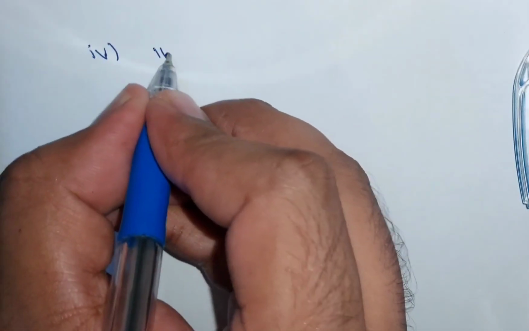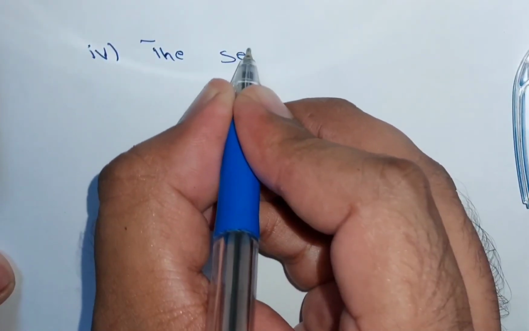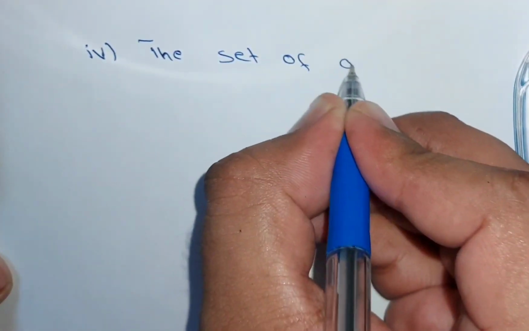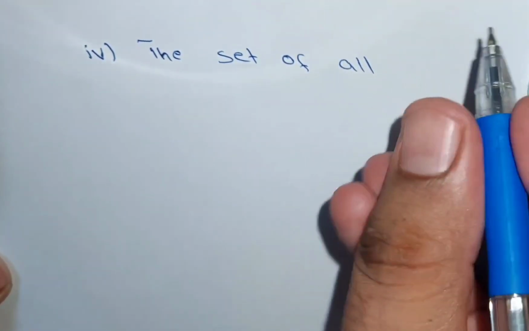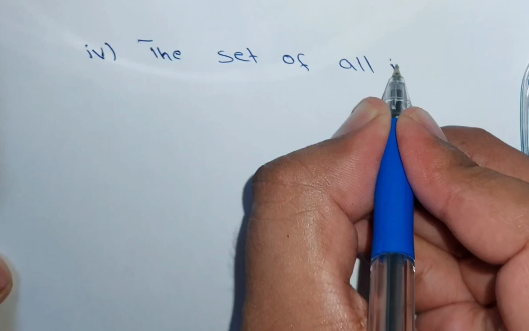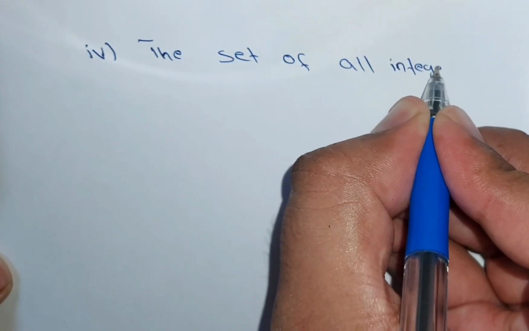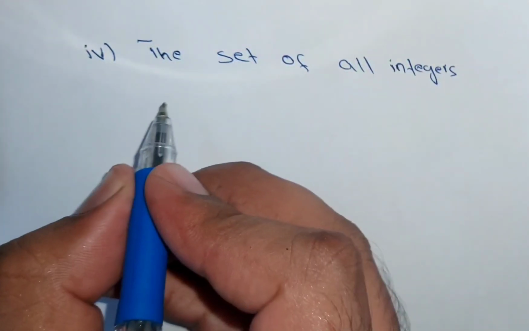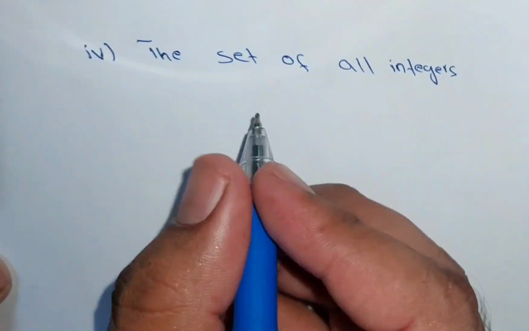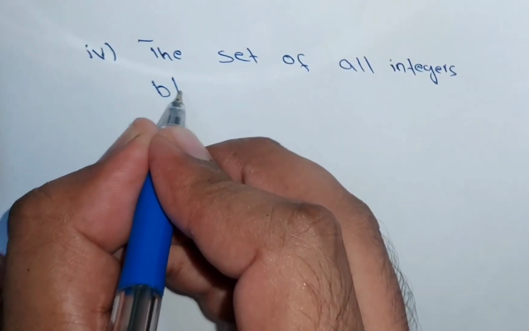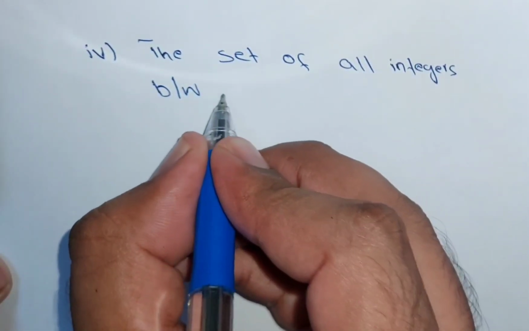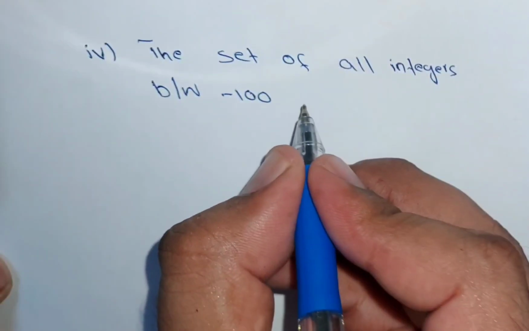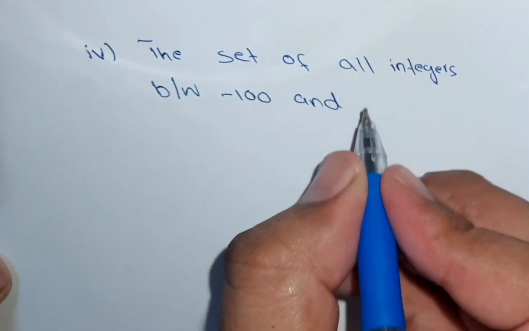Now the next example is the set of all integers between minus 100 and 1000.